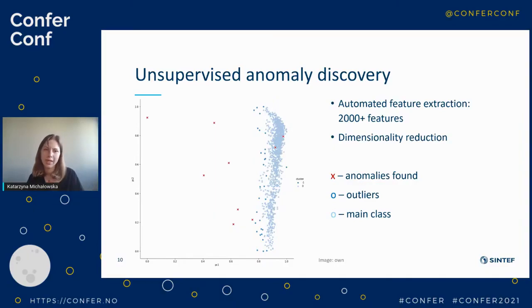Of course, this is too much data to analyze anything on it. It's good that it happens automatically, but it doesn't give us anything. It's still a lot of work. So then we used the dimensionality reduction techniques, which kind of made more sense about this data for us. In this way, we were able to label more and more anomalies in different settings. Here's an example of one of them.